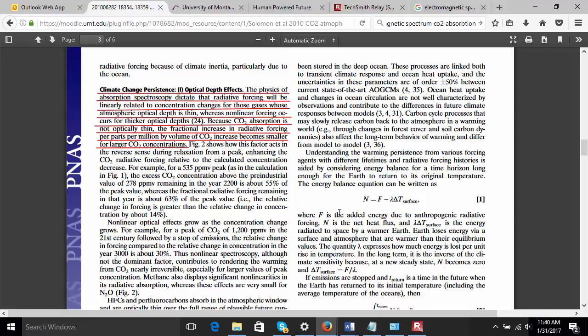F is the added energy due to anthropogenic radiative forcing. And the definition they give is N is the net heat flux. On that note, let's think of it this way.